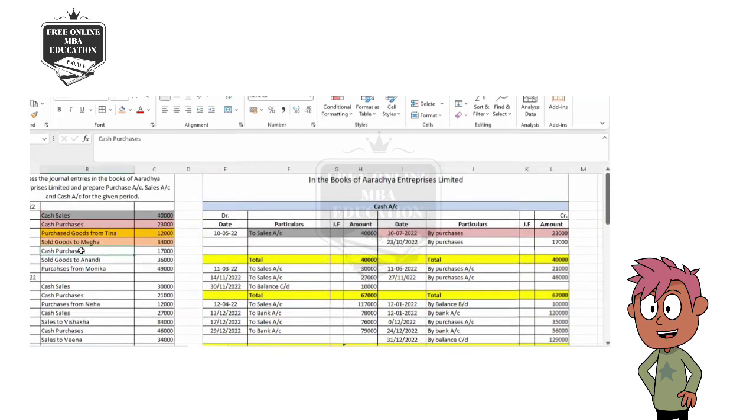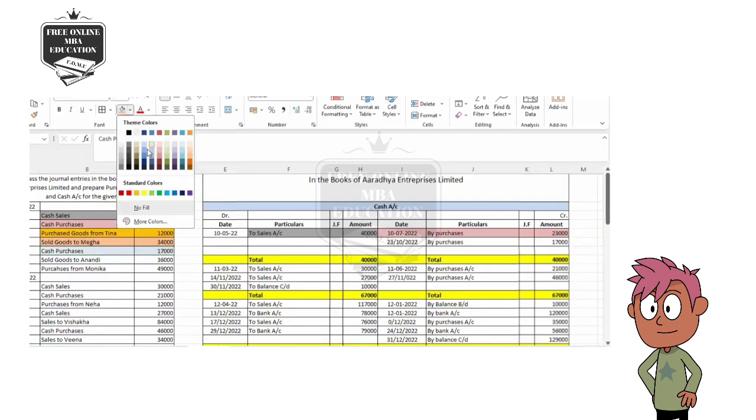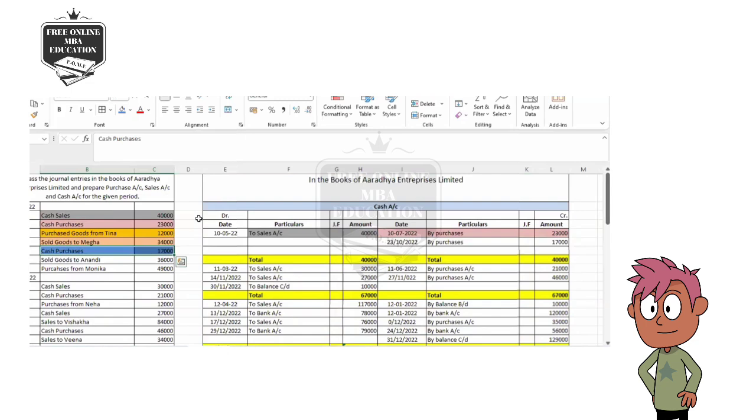Cash purchases, again here both the entries would appear because it's a cash and purchase account. You would find the entry for the same. So it's cash purchases. That means we have purchased goods and we paid cash. So it's going to be purchases account debit to cash, rupees 17,000.